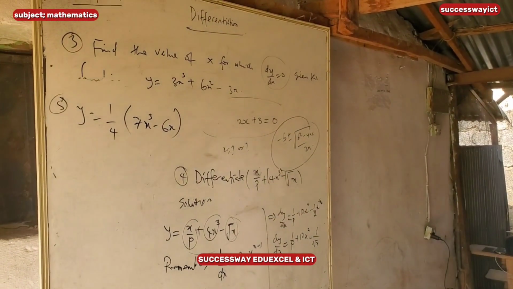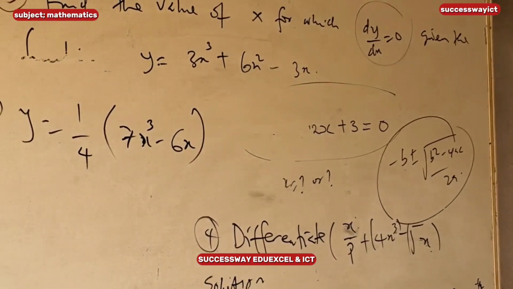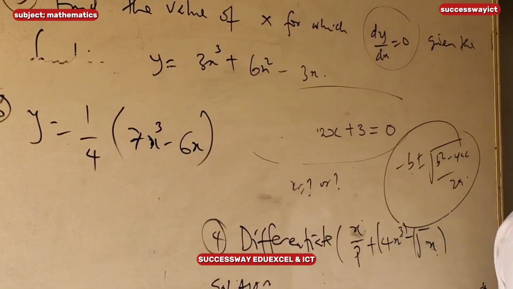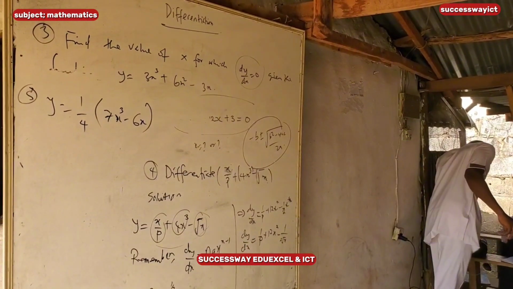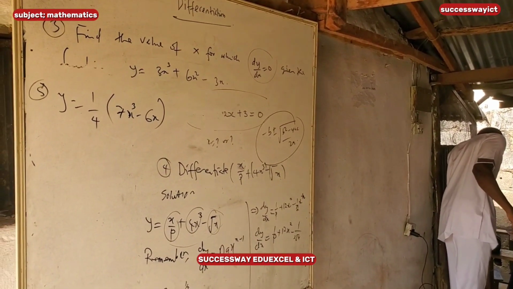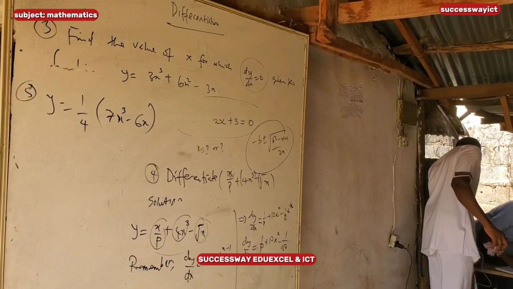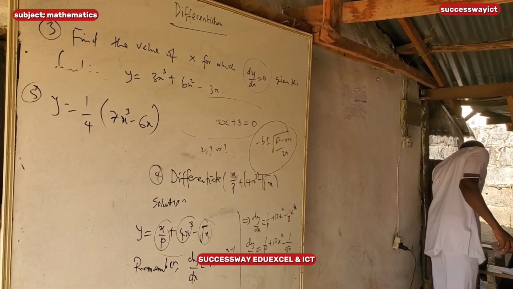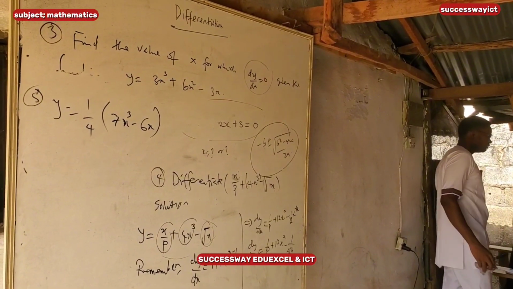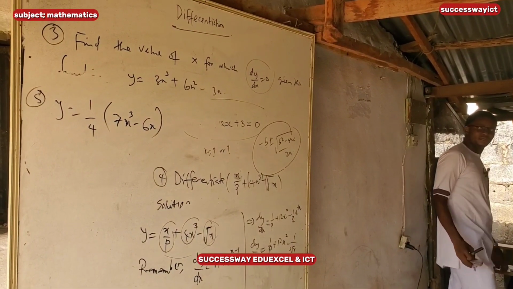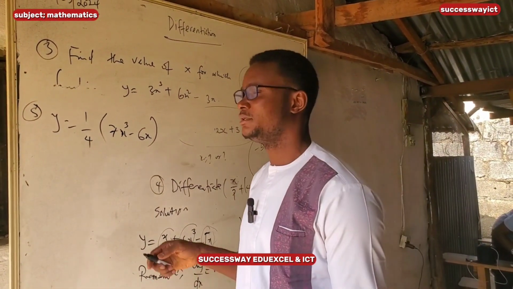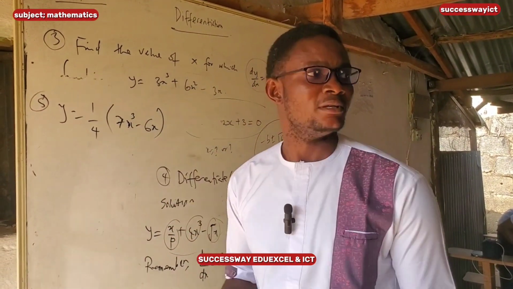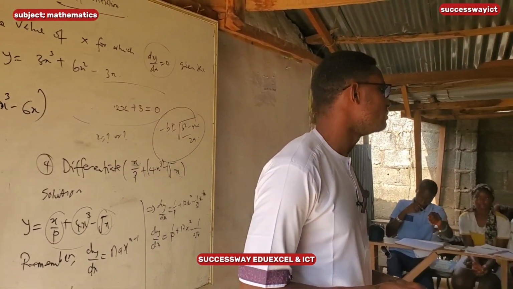Find dy/dx of the function. This guy. Inside that, is it 3 or 7? Is it 7x cubed? 7x cubed.